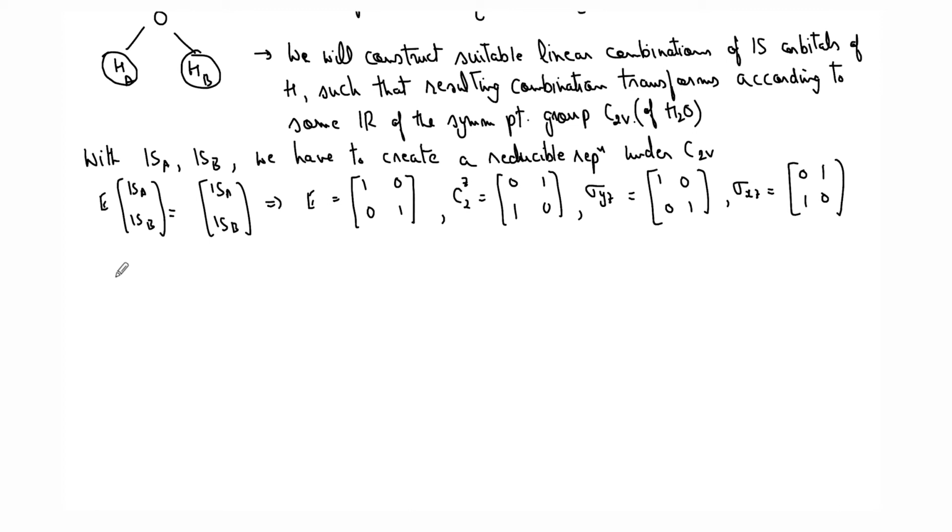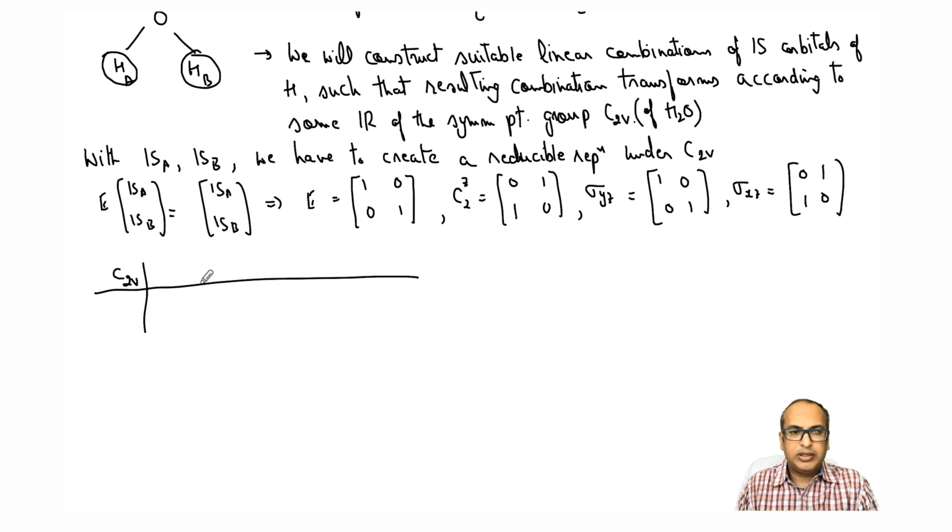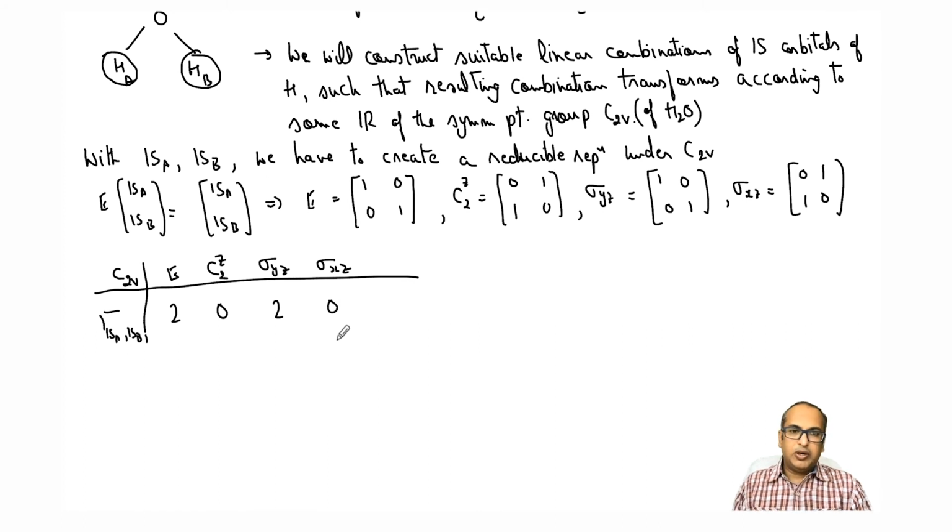So in the C2V character table, with E, C2Z, sigma YZ, sigma XZ, this is our tau of 1sA, 1sB. And the traces are 2, 0, 2, 0.